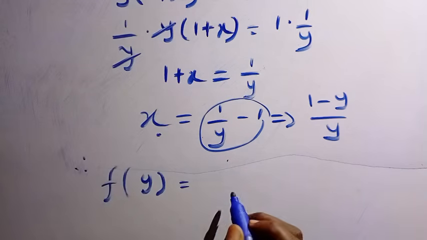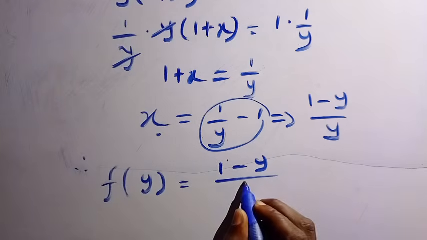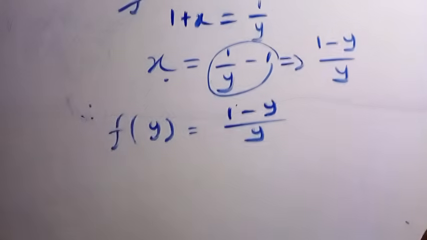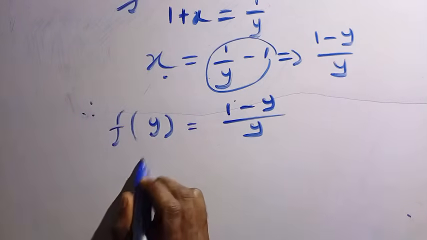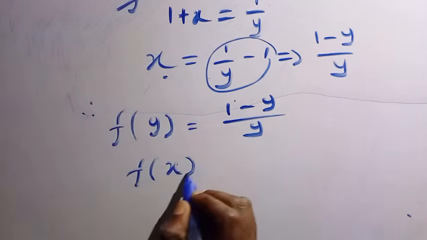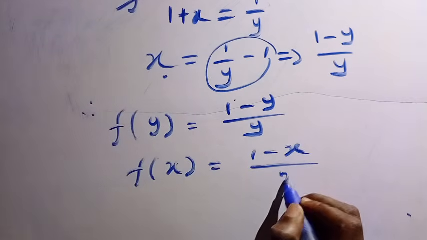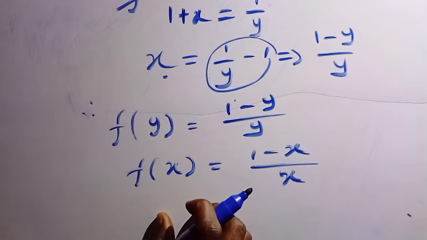Then by substituting here, we are going to have 1 minus y divided by y. Okay, and here we need x. We have to change this one to x, as we have f of x equals 1 minus x divided by x. We have made this general.